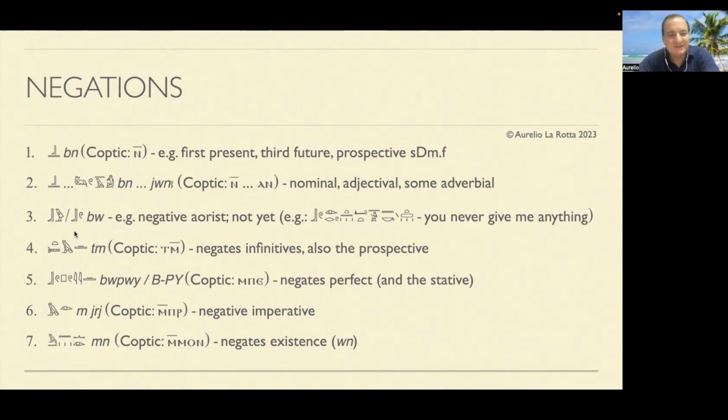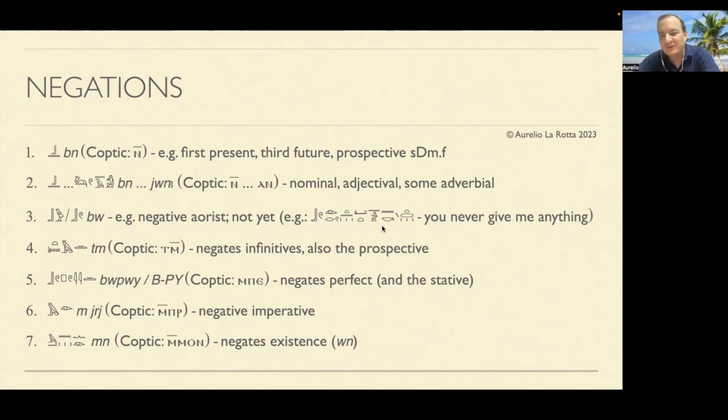Let's see, what else do we have? There's another negation, bw, spelled out phonetically. This is, for example, being used with a negative aorist. That's a form that we had implicitly, but we haven't really discussed yet. It comes much later in the book. But essentially in the negative aorist, you're indicating that something never happens. This is the example sentence we had: bw ir=tn di n=i ... You never give me anything.